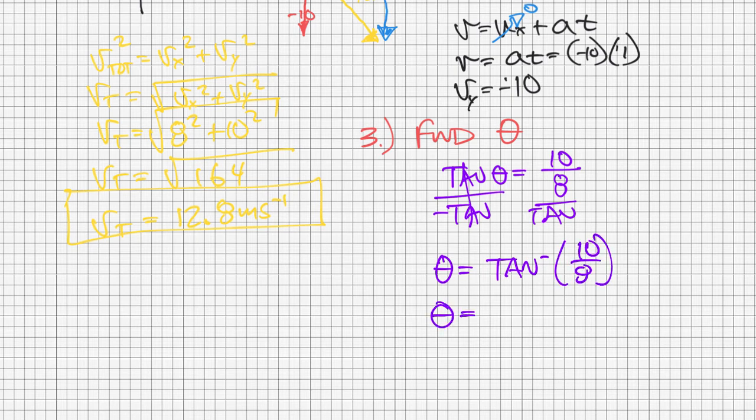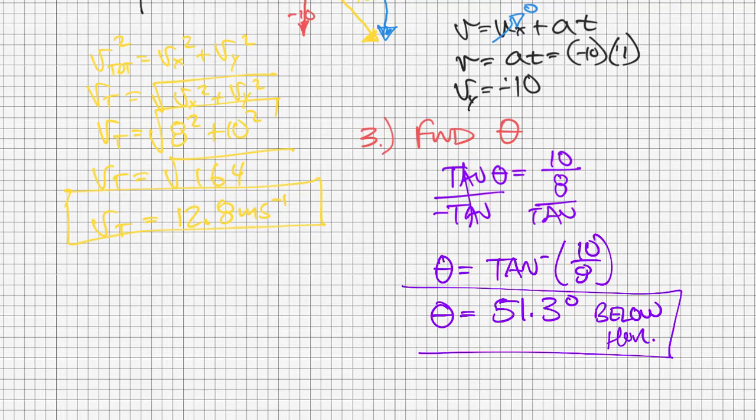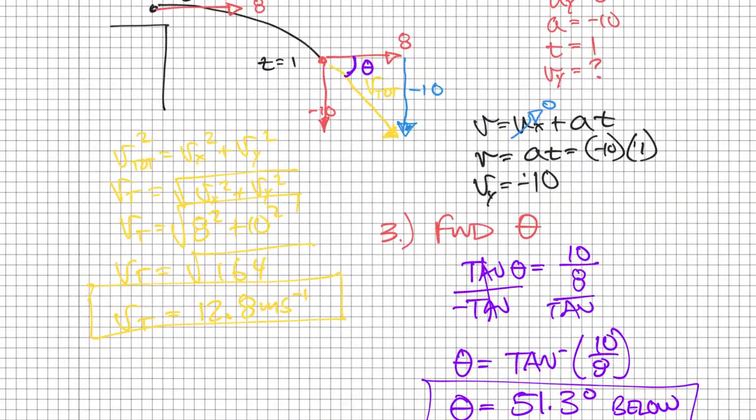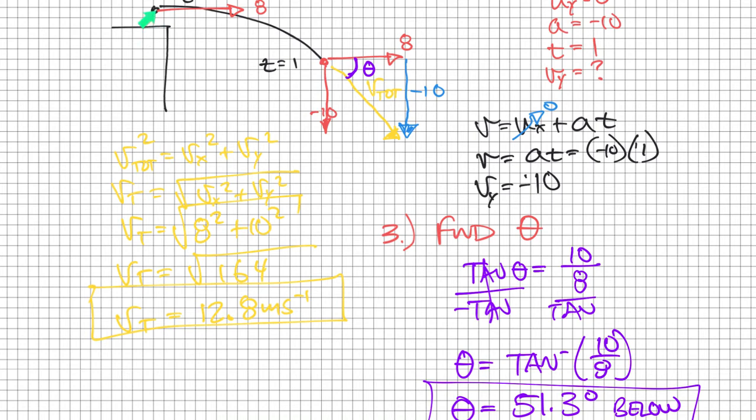And I'm going to get an angle of 51.3 degrees below the horizontal. So obviously before it was launched horizontally, now we're traveling 51 degrees below the horizontal and at a speed of 12.8 meters per second.